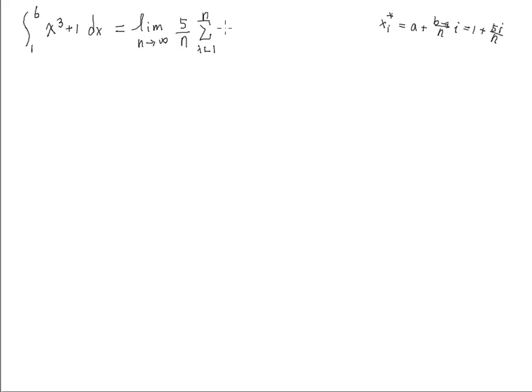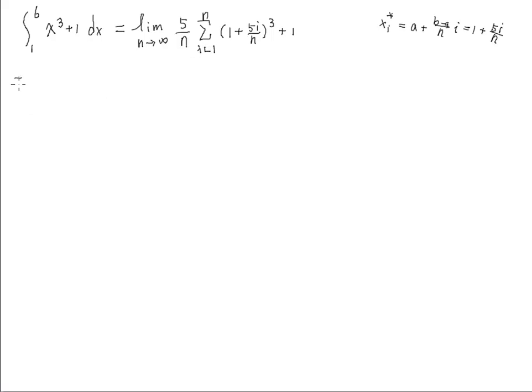We have 1 plus 5i over n, cubed, and then plus 1. Now, next step, we need to expand this one over here. So we have something like i squared, i, and other kinds of things. So we need to expand this expression inside this sigma notation.